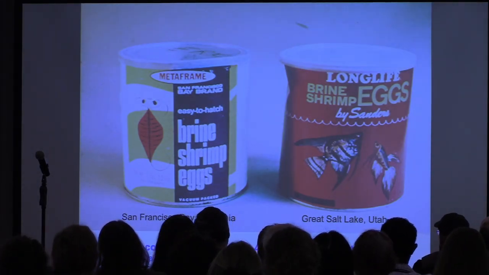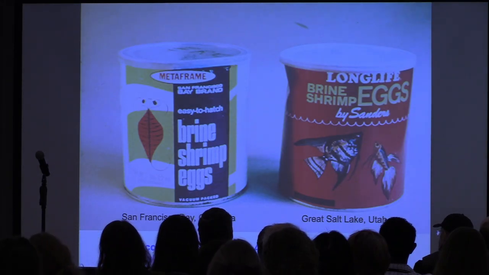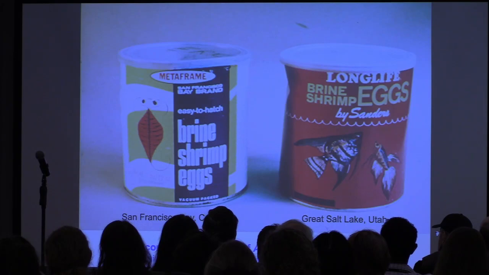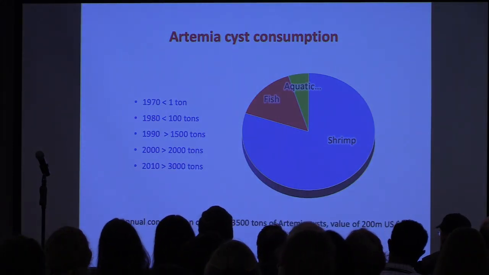And that was at a time, believe it or not, when world consumption was maybe a maximum of 100 kilograms of cysts per year. Why? Because it was only used in ornamental fish shops, by people who had an aquarium with guppies or even seahorses, feeding them with Artemia.